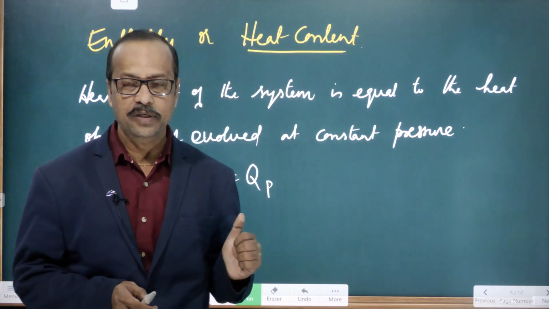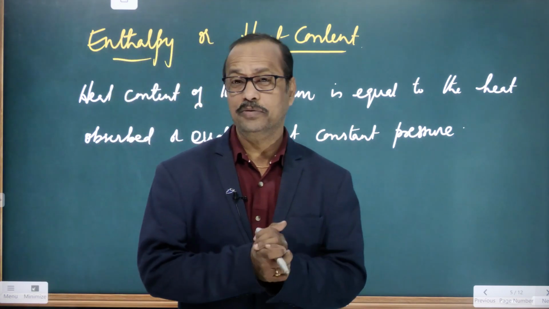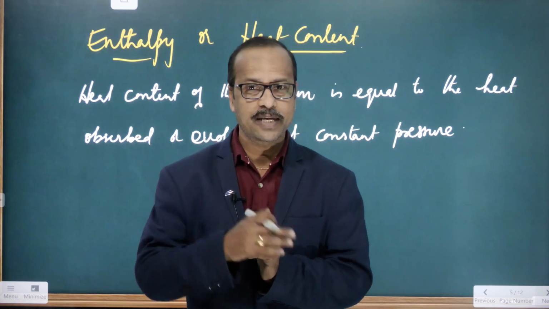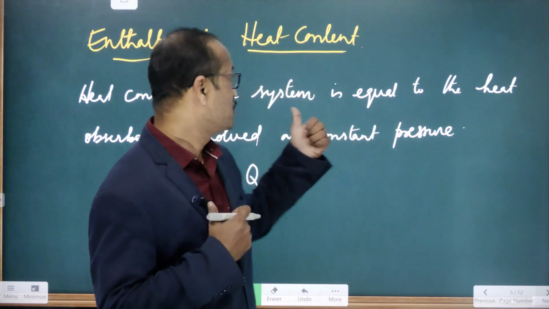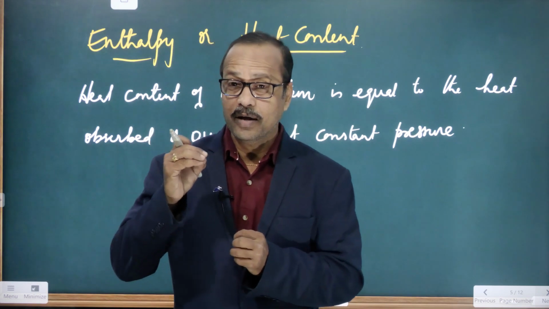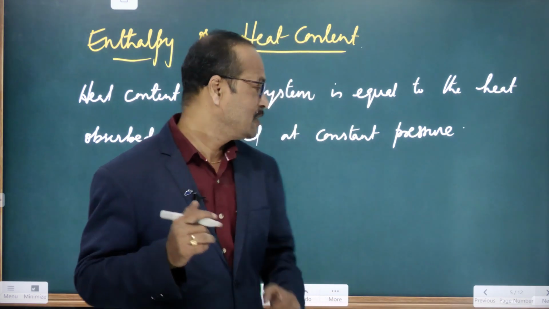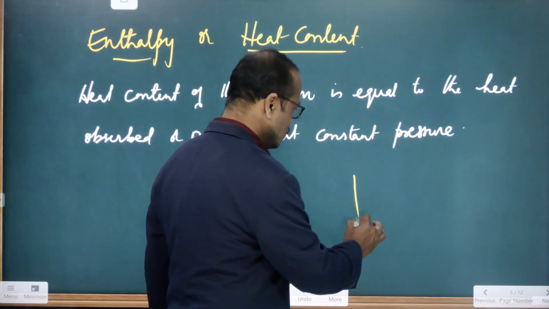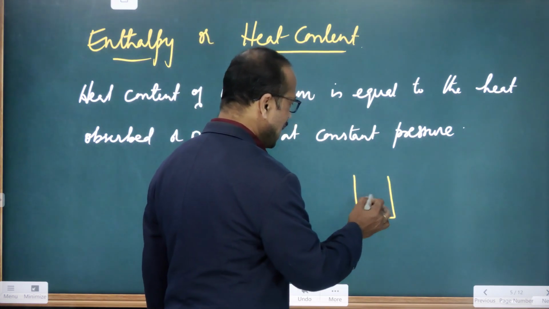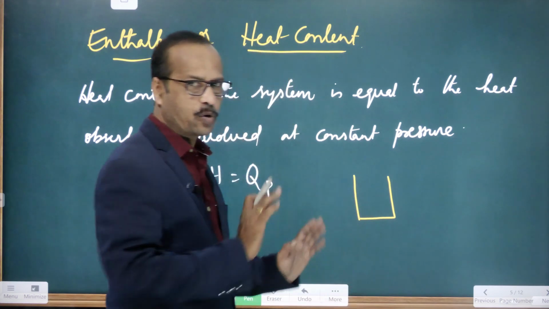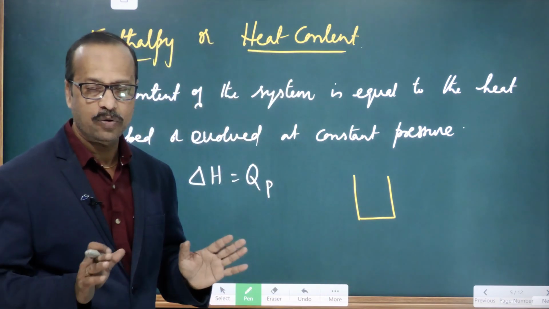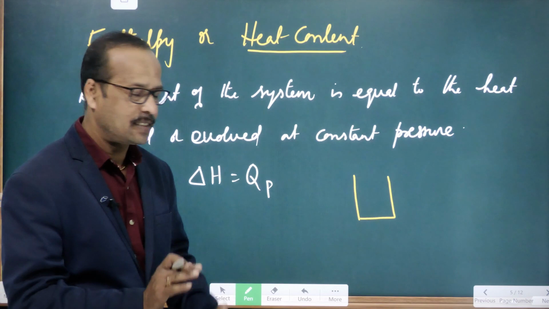But in this chapter we are discussing mainly thermodynamics, and we discuss mainly gases. I said the system: the system is what we are studying, that is called the system. So here our system is one closed vessel. This is a closed vessel, and in it some gas is enclosed.